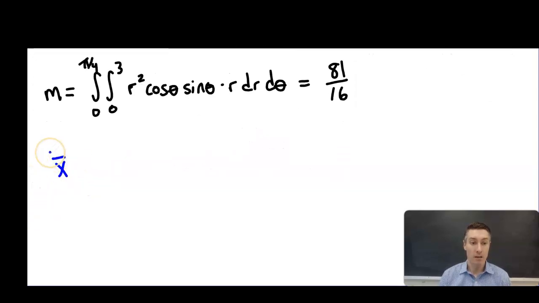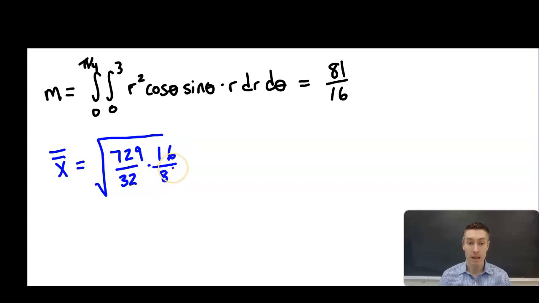So x double bar, which is the radius of gyration about the y-axis, we're going to take the square root of the moment of inertia about the y-axis, which was 729 over 32, divided by the mass, so multiply by 16 over 81, the reciprocal.